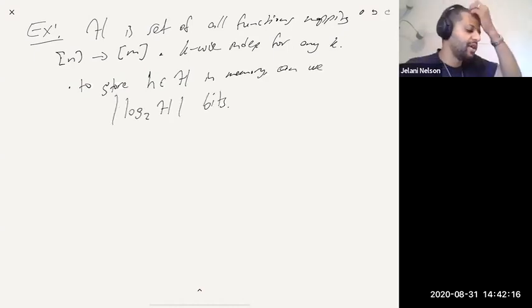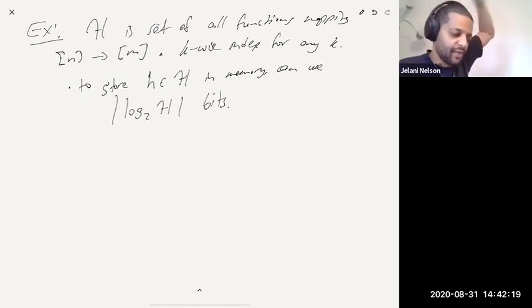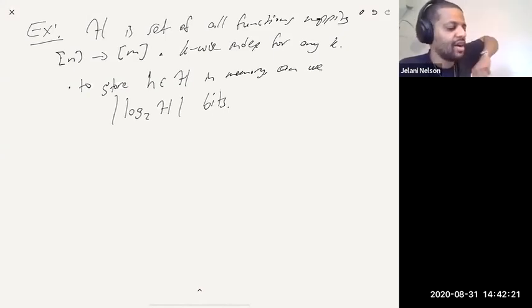Because it's just a set. There's the first element in the set, the second element in the set, all the way up to the capital H-th element in the set. We can give them each a name from 1 to the size of it, capital H. And then for me to tell you which one you have, it just takes log of the set size bits.